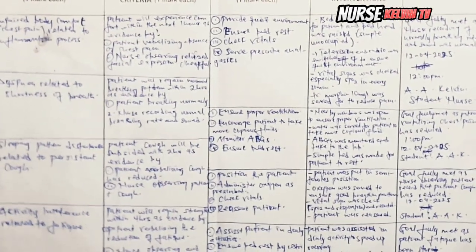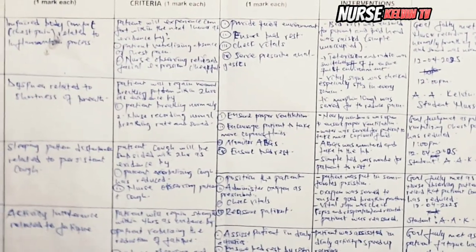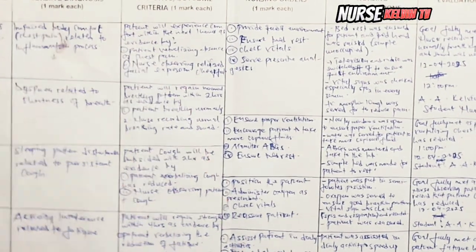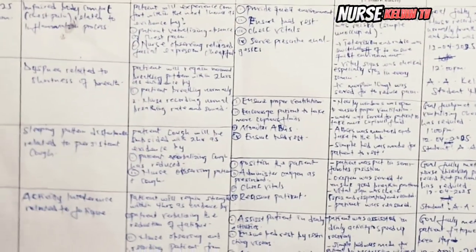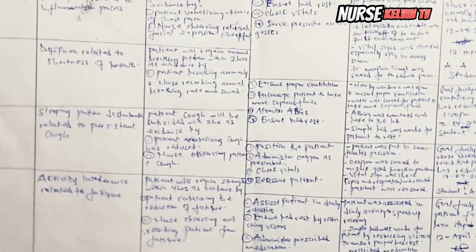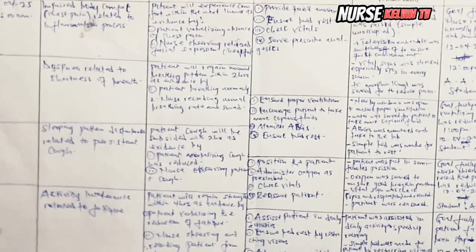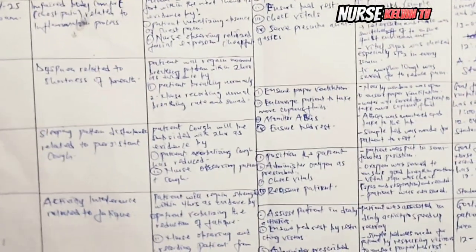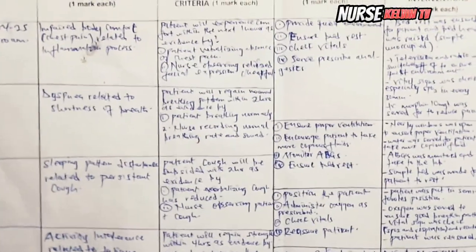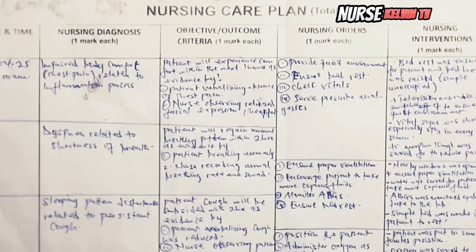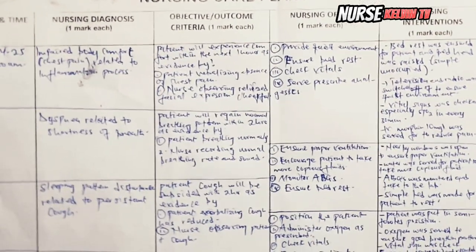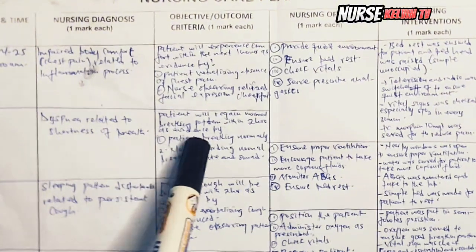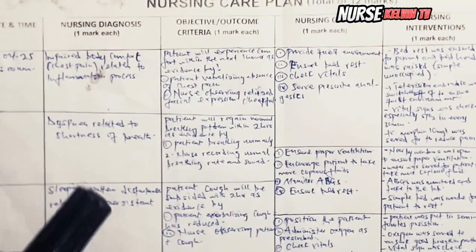When somebody comes with asthma and all those conditions, you draw a chart and follow that chart to manage the patient. The nurse checks the patient's respiration within that hour to know whether it has reduced. So I'm going to make sure of that.